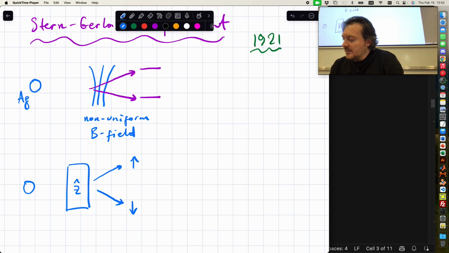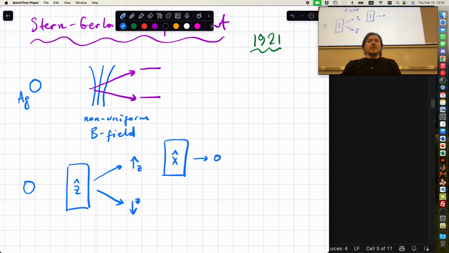What you expect is that since this is aligned in the z direction, if you measure it in x, you should get 0. Do you agree? Let me explain. If it comes up, it's definitely up, it's filtered. Now I'm looking at it sideways. What I expect classically is nothing, because it's perpendicular, right? It comes exactly perpendicular. What comes out?